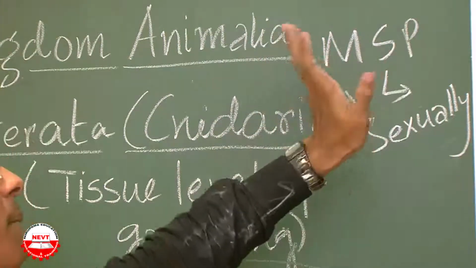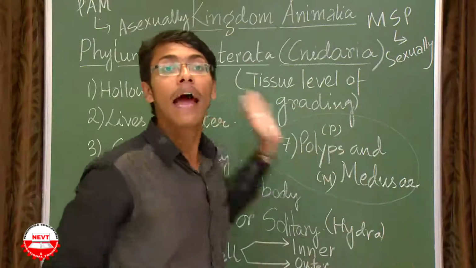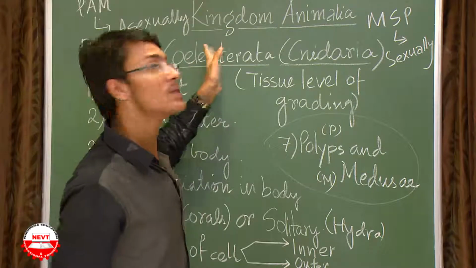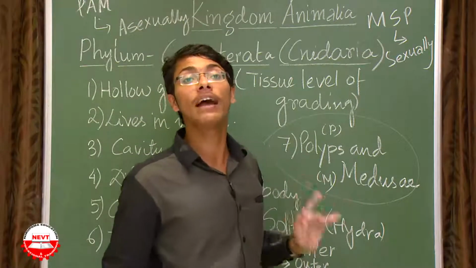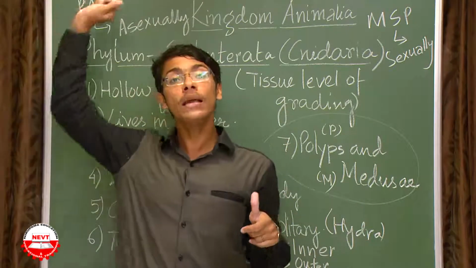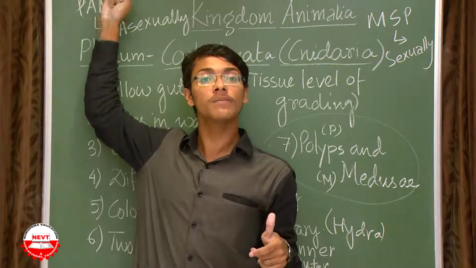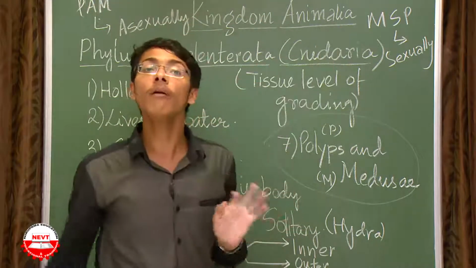Is it clear? Medusa sexually polyp is one form and polyp asexually medusa is another. So the two forms of the members of the phylum Coelenterata are polyps and medusa, where polyps when reproducing asexually form medusa, and medusa when reproducing sexually form polyps.